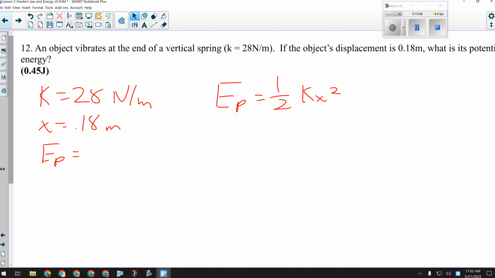It's just asking me what's the potential energy at this point. It's not asking me about mechanical energy, it's just saying what's its potential energy. It's probably moving, probably has kinetic energy, but that's not what the question is. It's a wording trick, totally. All I have to do is punch in my numbers here and solve for EP. And again, those are the dirty tricks that I play, right?